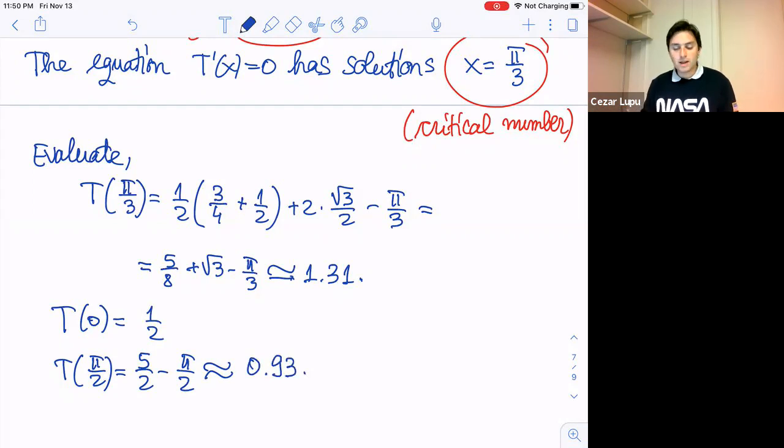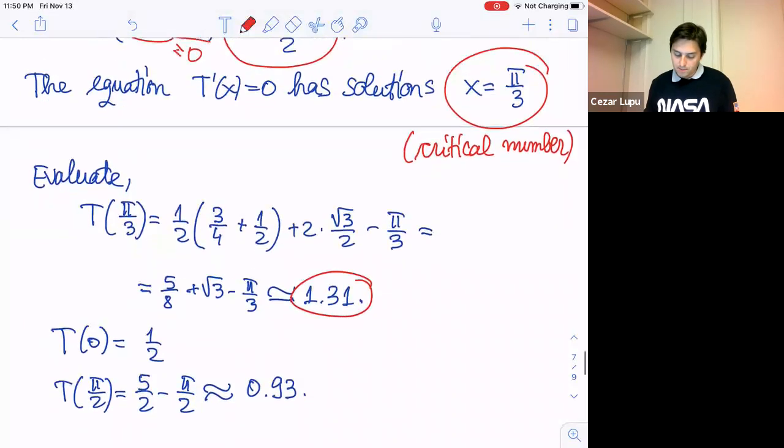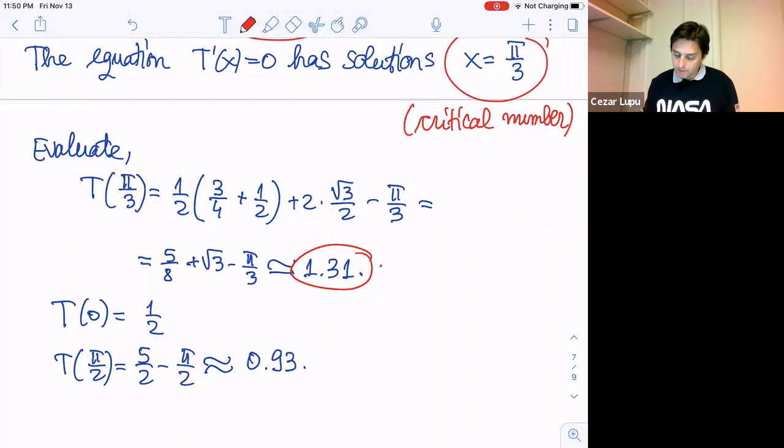And now we have to decide which one is the absolute min and which one is the absolute max. Well, as you can see, this value here is the largest, right? So this will be the absolute max.